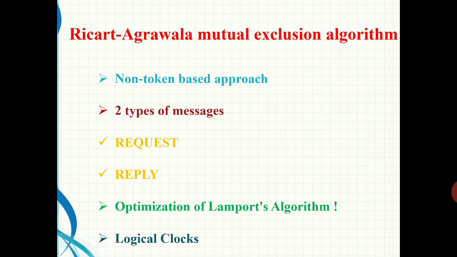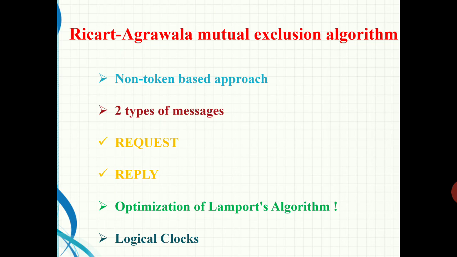A process sends a request message to all other processes to request their permission to enter the critical section. A process sends a reply message to a process to give its permission to that process. So one is used for requesting and another is used to give the reply.